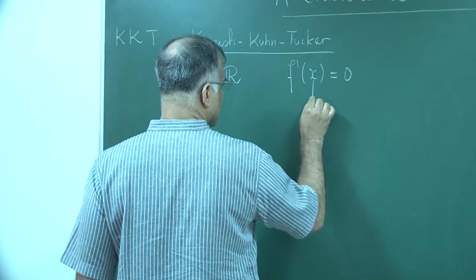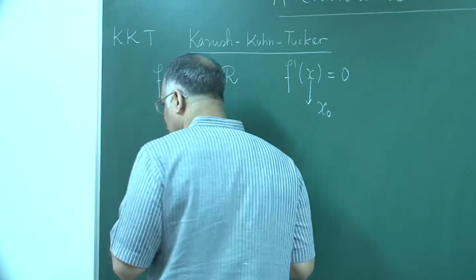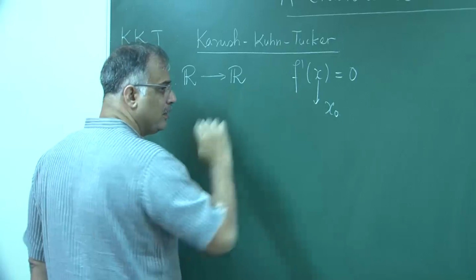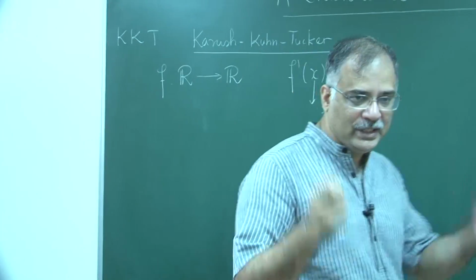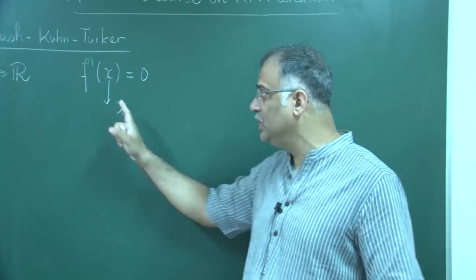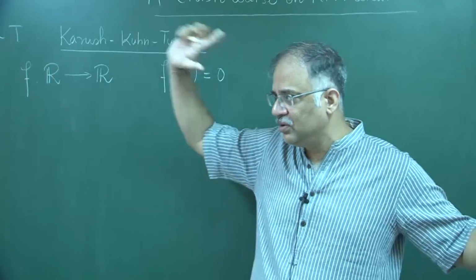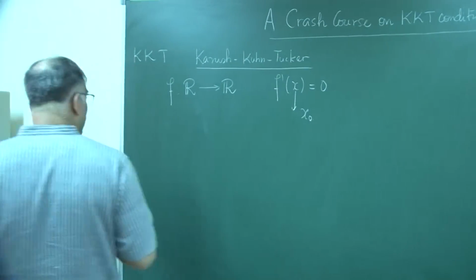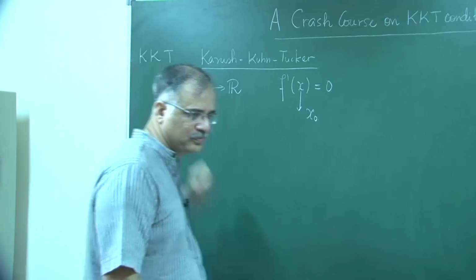Suppose such a point is x naught. But this condition, you must remember, is a necessary condition and not a sufficient one. When you get an x naught by solving this equation, it does not guarantee that it is truly a local minimizer, global minimizer, local maximizer or global maximizer of this problem.